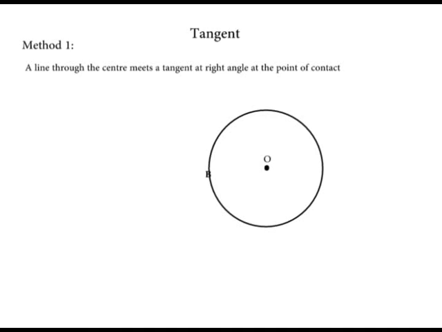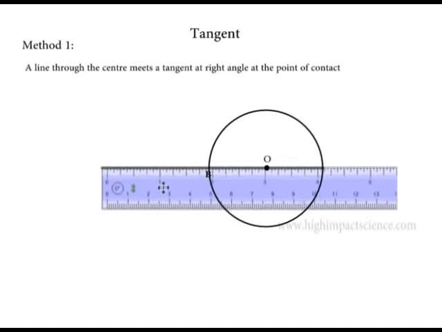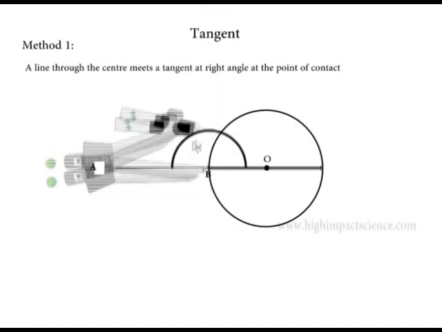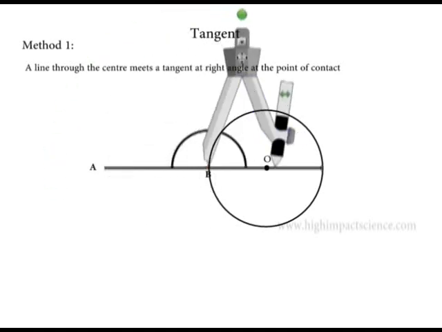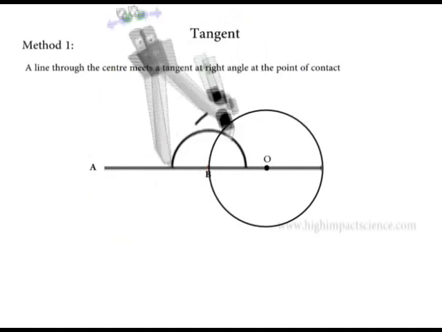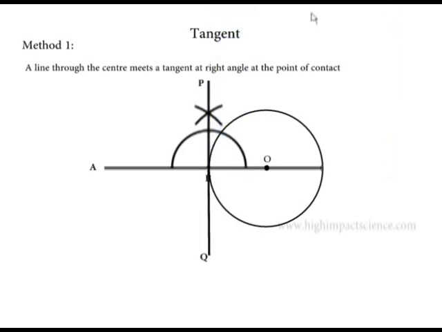And so from a circle, draw line OA to cut the circle at B. At point B, construct a perpendicular bisector PQ. PQ is a tangent to the circle at B.